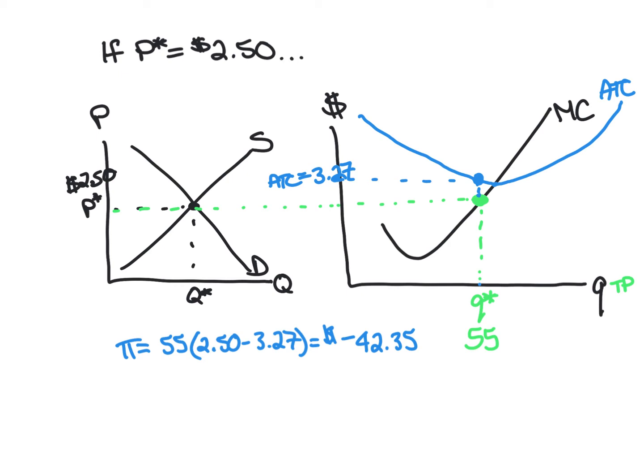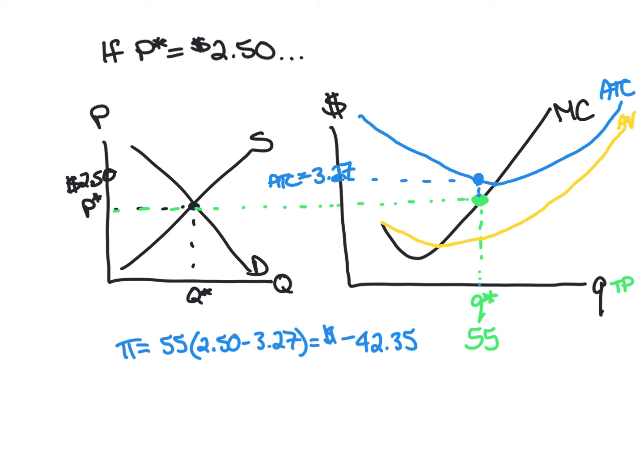Now, to decide whether this producer should shut down immediately or wait things out, we need to also draw in our average variable cost line. So the average variable cost starts out even with marginal cost, and then it goes down until it bottoms out right here where it crosses marginal cost, and then it starts increasing again.